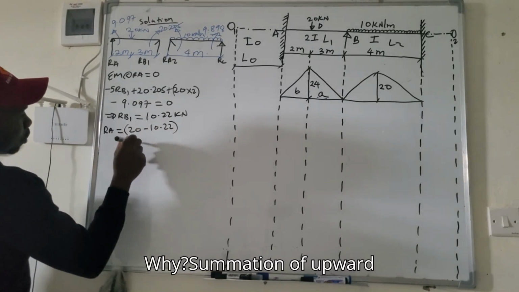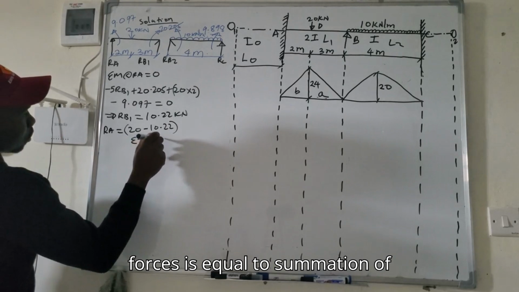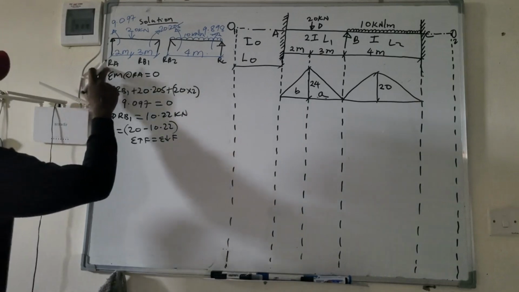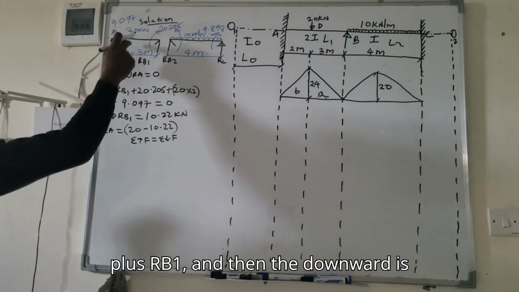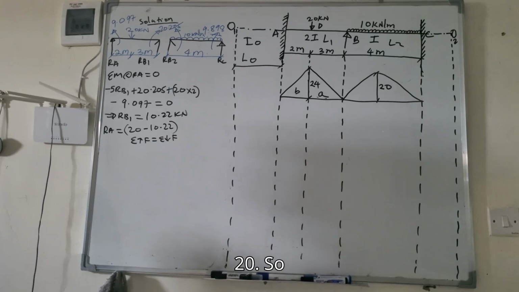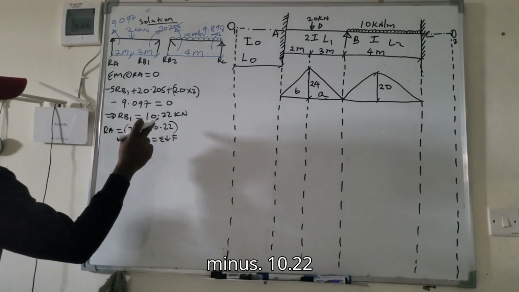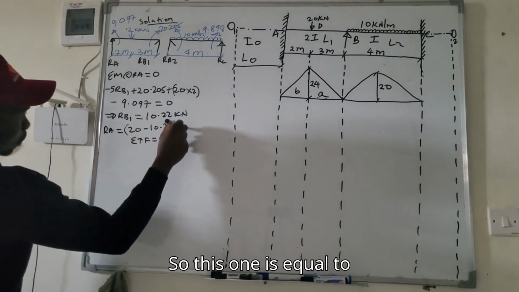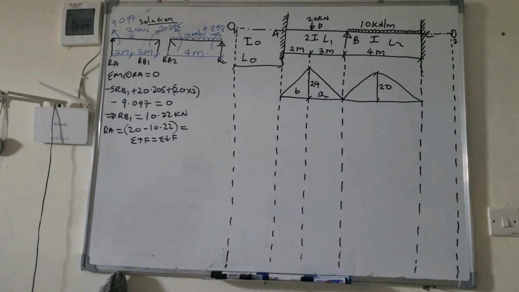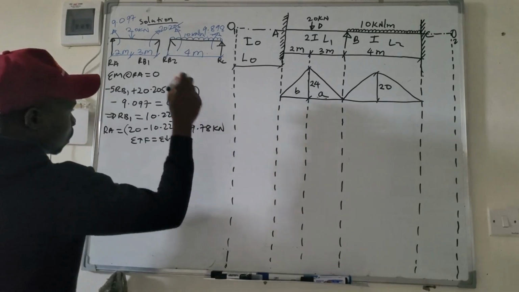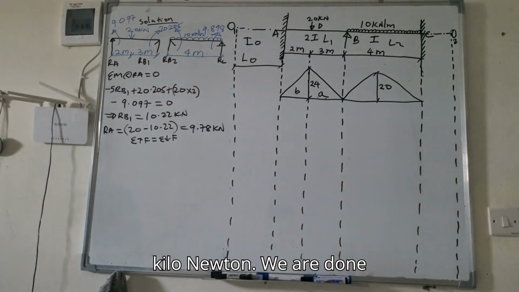Why? Summation of upward forces is equal to summation of downward forces. So the upward is RA plus RB1, and the downward is 20. So RA is equal to 9.78 kilonewton. We are done with this one.